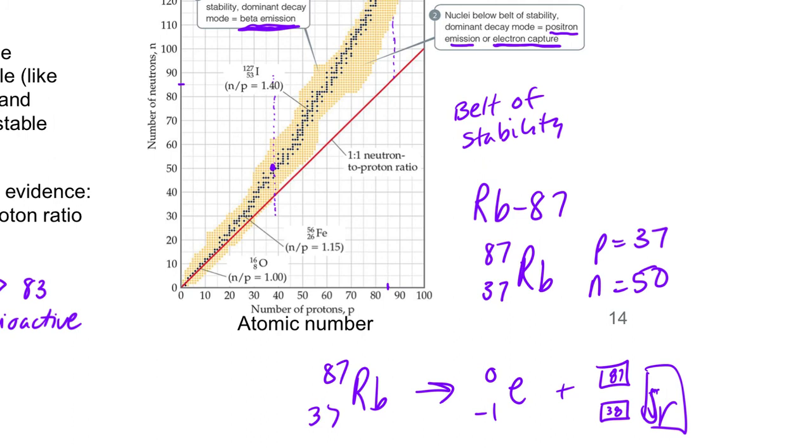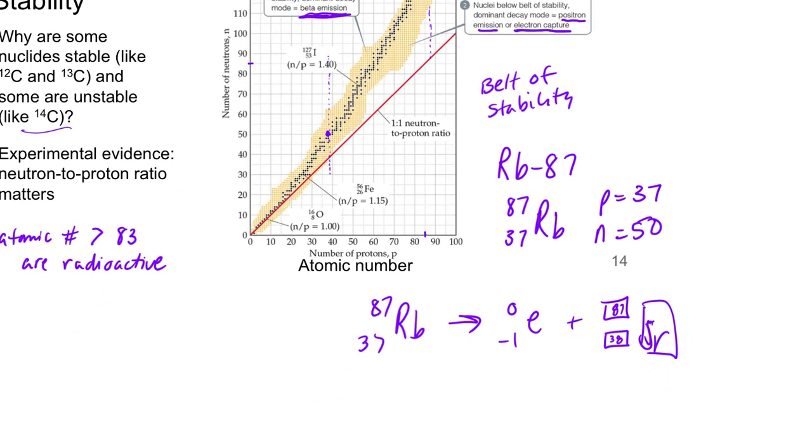Okay. Well, I'll just tell you these others because the graph's not that great. Scandium-41. Scandium has atomic number of 21. So if we are looking at the graph, we're at 21 and 20. So I think that's below the belt of stability. Yes.